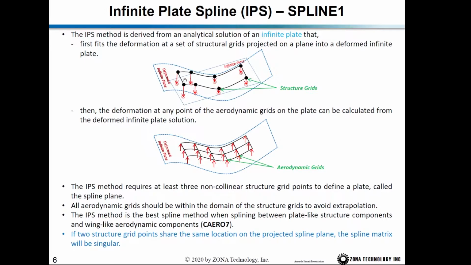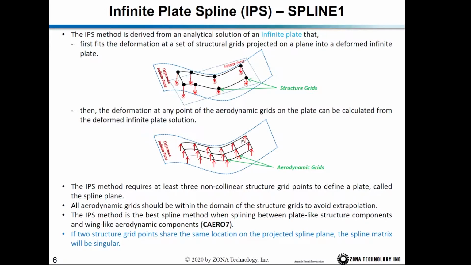And so if you have some structural grid points and you have a structural deformation at those grid points, the infinite plane spline method will fit an infinite plane into this deformed structural grid, and then once you have the analytical solution of this deformed infinite plane, you can compute the deformation at any point on the plane.